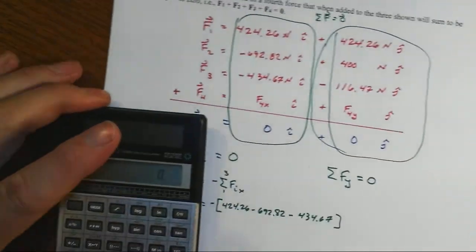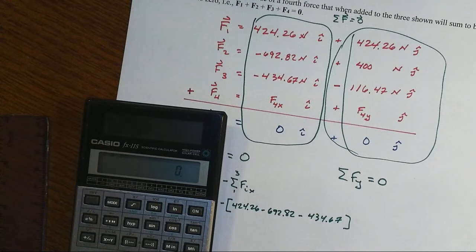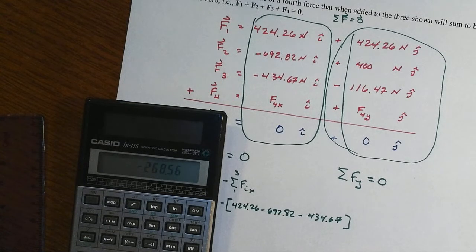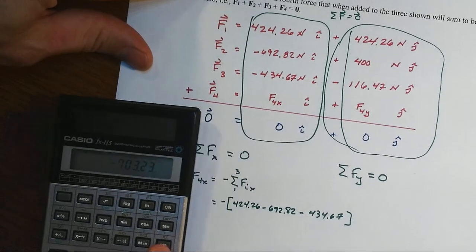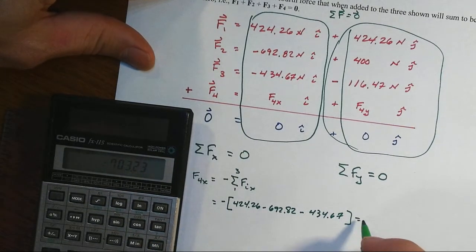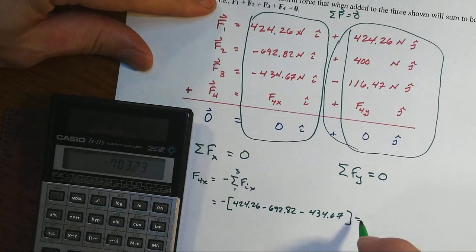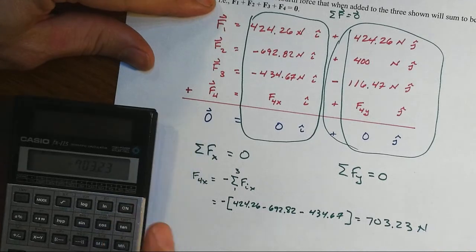So let's see what that looks like. The inside the brackets part would be 424.26 minus 692.82 minus 434.67, which is the net of minus 703.23, but then we hit that with the additional minus sign, so we end up with positive 703.23 needs to be added to the system. We're in newtons units, of course.